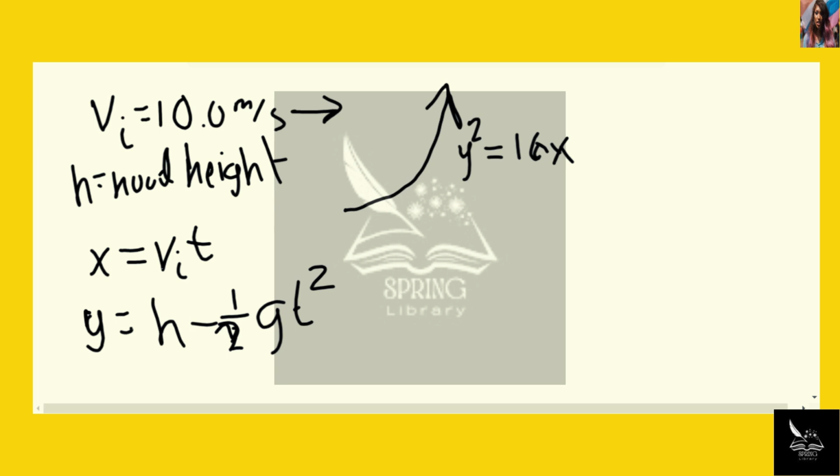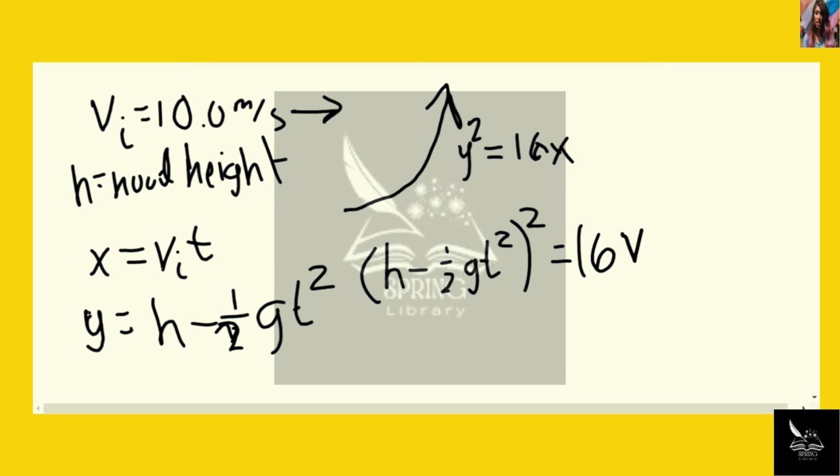Okay, now y squared equals 16x. So h minus 1/2 g t squared, squared, equals 16 times whatever x is. X is going to be v initial t.